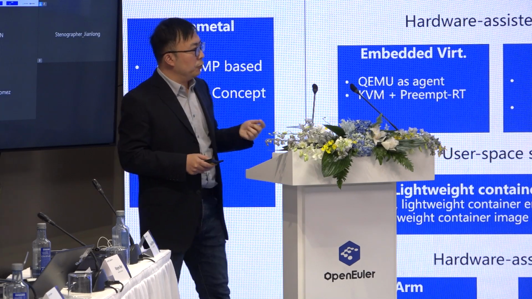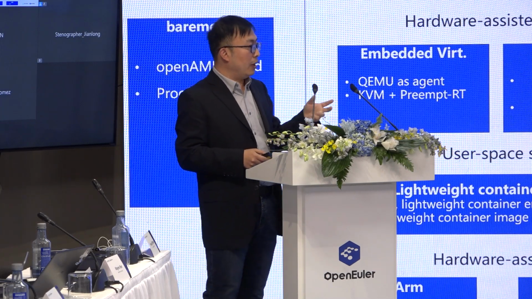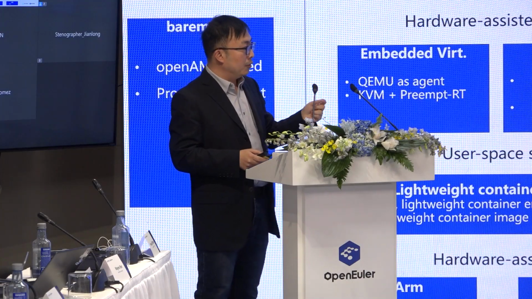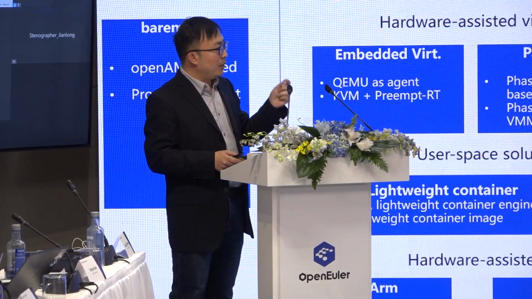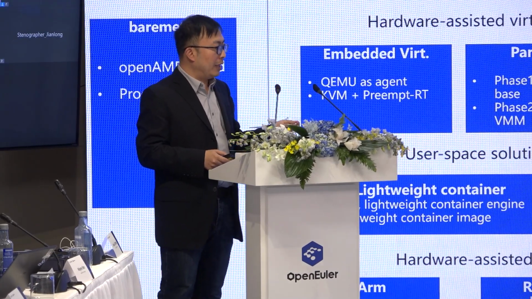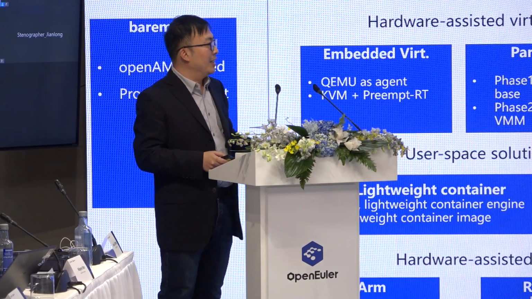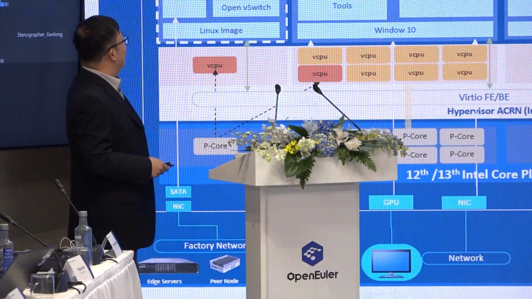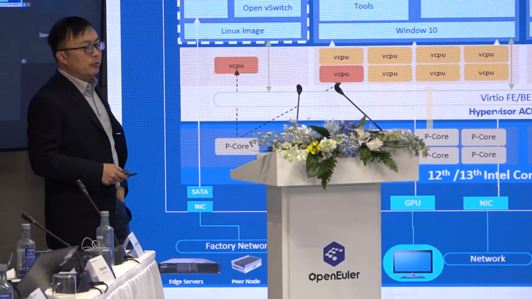So in the future, maybe next year, we want to have a very comprehensive solution. We call it the heterogeneous multi-core MCS. It will include OpenAMP, real-time virtualization, lightweight container, and KAE. So very complex. This is the joint demo that we are working on with Intel.